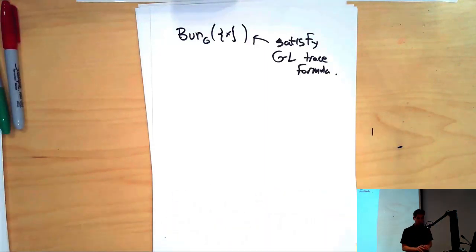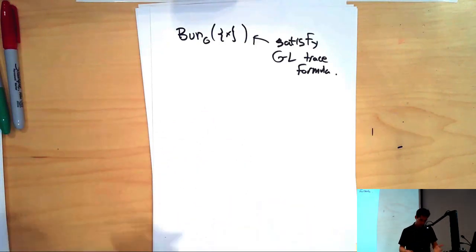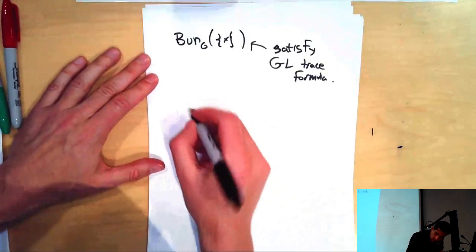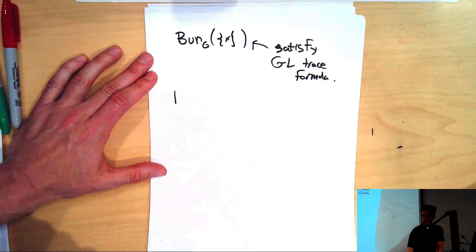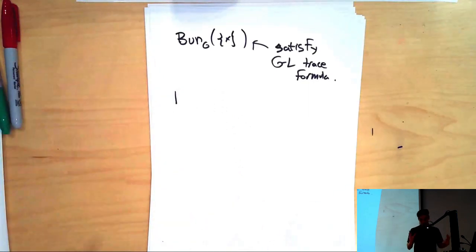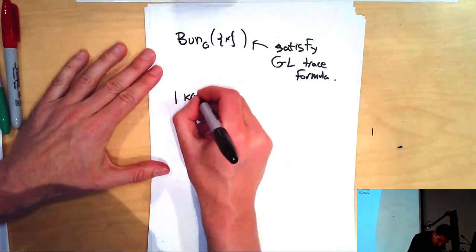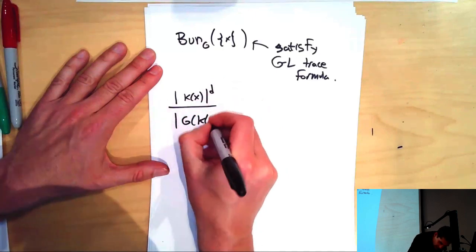It's essentially equivalent to a formula of Steinberg for the size of a finite group of Lie type. So what does this tell you? Well, it tells you that this expression that appears here on the left-hand side, the number of F_q valued points divided by q to the dimension, that I said is kappa x to the d divided by the size of G of kappa x.